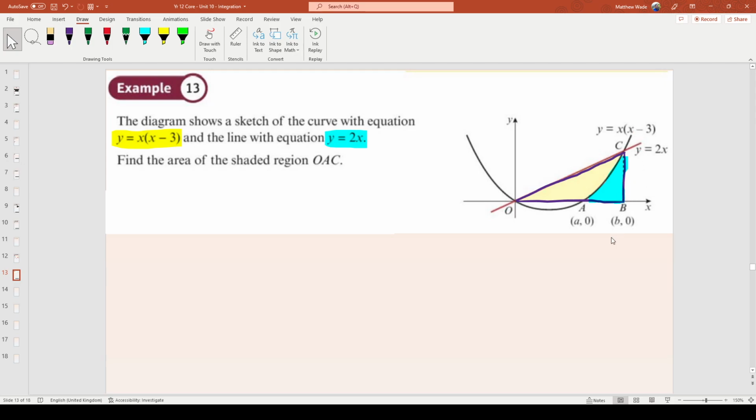You ready? Cool. How are we going to get A? Let's get those coordinates sorted. Let's get A first. How are we going to get that coordinate A? Well, if you look at A, you can see the special thing about A is it's where the curve crosses the x-axis, yeah? There's two spots where it crosses, one at O and one at A. So what's that telling you? Well, it wants you to say where the equation, where I've got in yellow up here, equals 0, right?